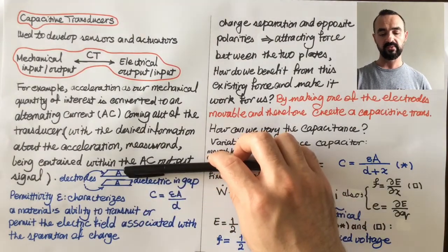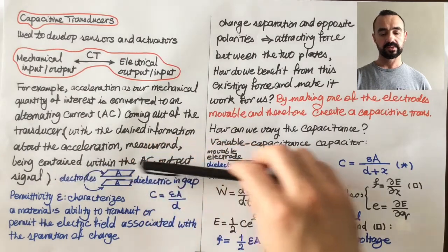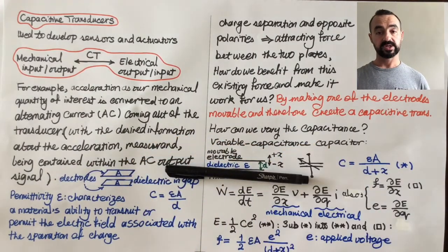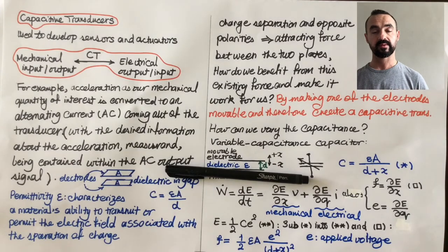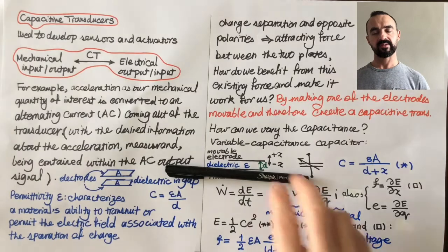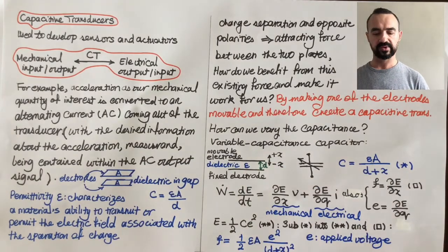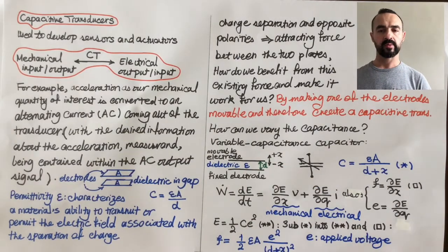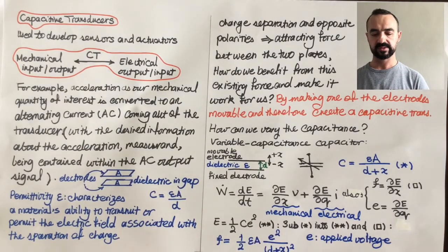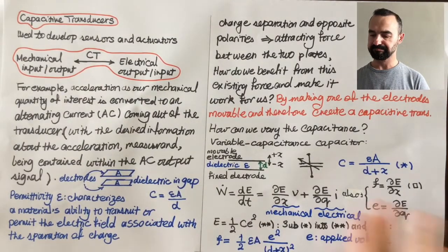If I start moving this upper plate to the left and right, this changes the effective area between the two electrodes. It's not hard, but you can guess that this would complicate the mathematical formulation of the problem. But there are advantages in using that, and I'm going to talk about that later. So for now, I'm talking about the case where I'm interested in changing the gap between the two electrodes.